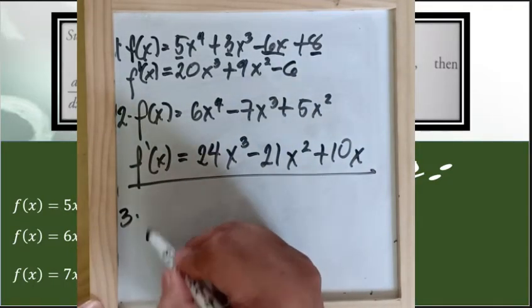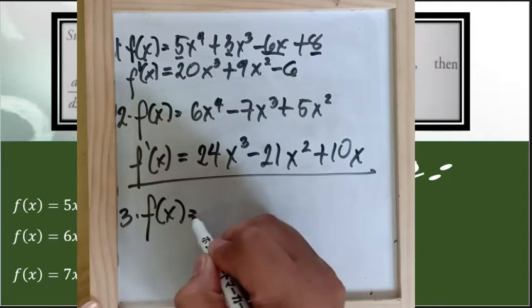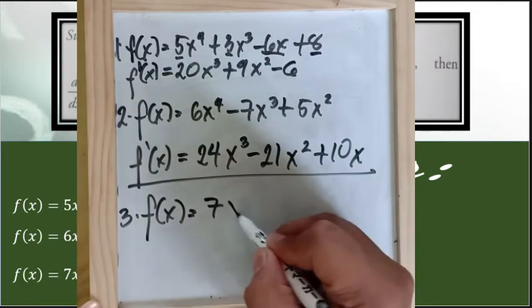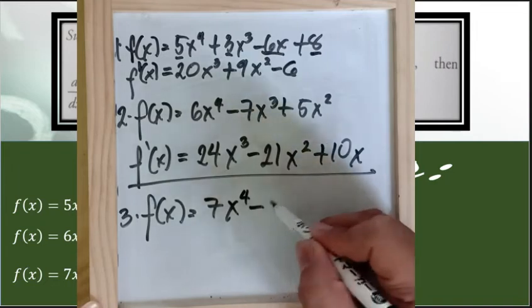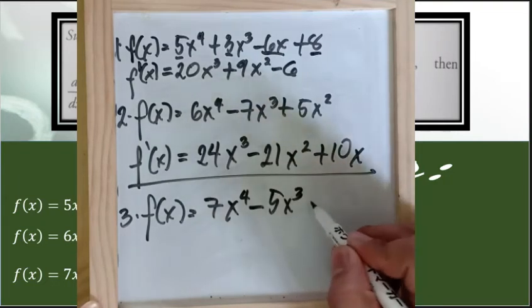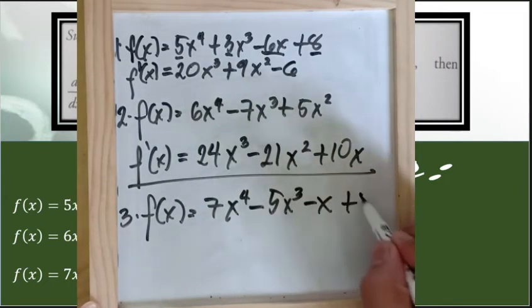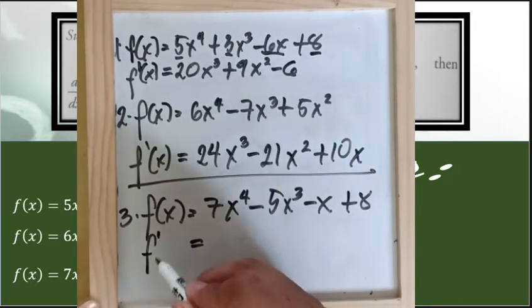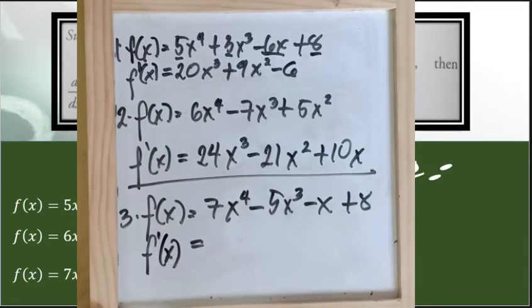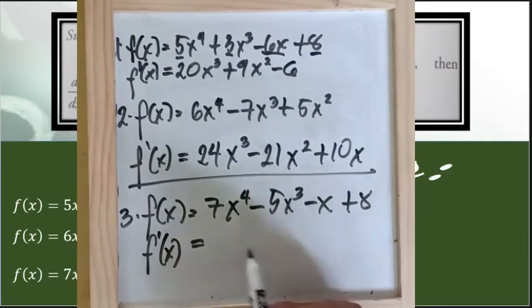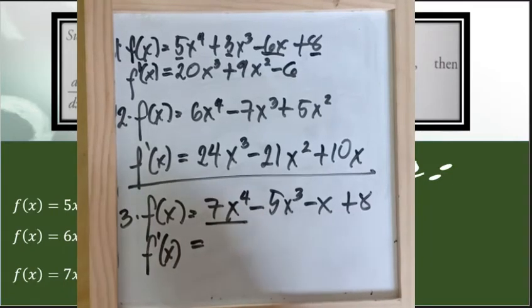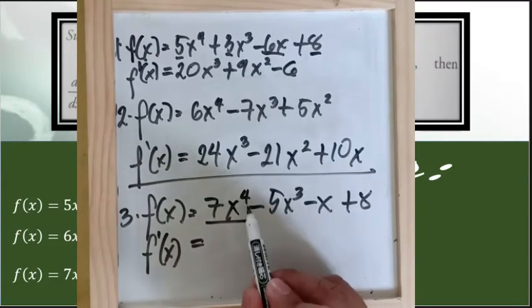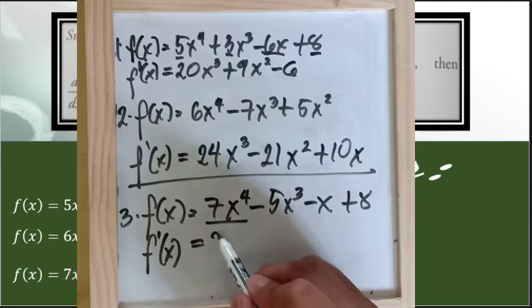For example number 3, f of x is equal to 7x to the 4th power minus 5x to the 3rd power minus x plus 8. The secret here in applying your sum and difference rule, just get the derivative of each term. That's it. That's the rule. So let's take this first term. Let's take its derivative. 4 times 7 is 28.